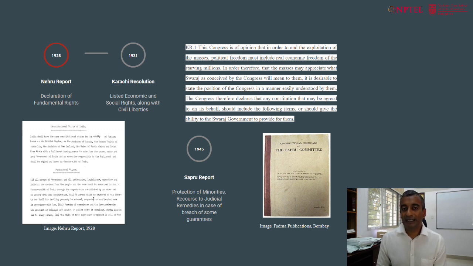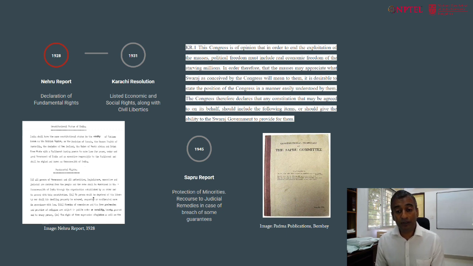Please remember that at this point in time, constitutional traditions, and let's just take the United States as an example, have not embraced the position that social and economic freedom must be provided for in a constitution. They are skeptical of that possibility. The Indian freedom movement goes much further ahead and provides for this possibility as early as 1941.